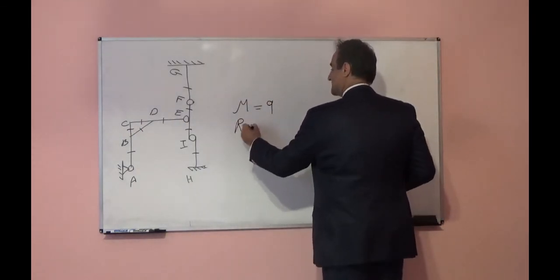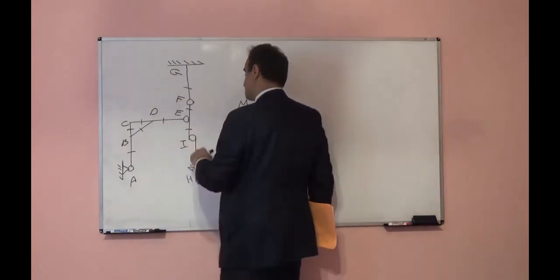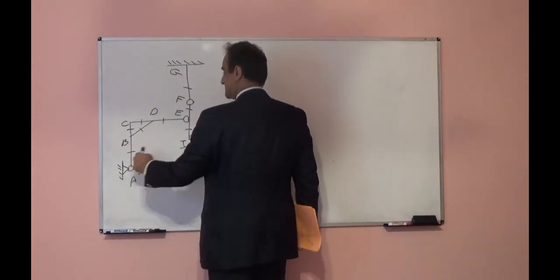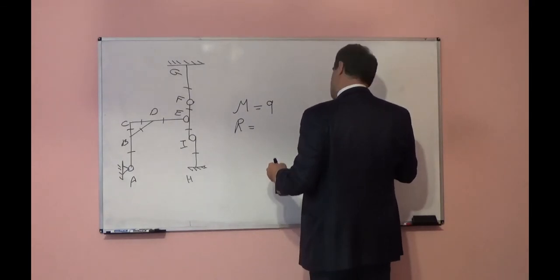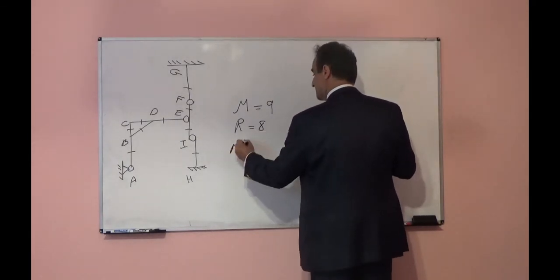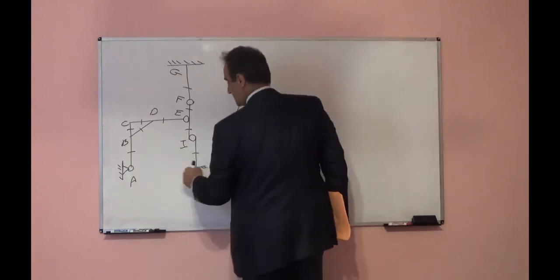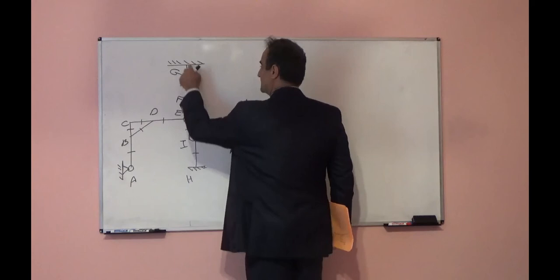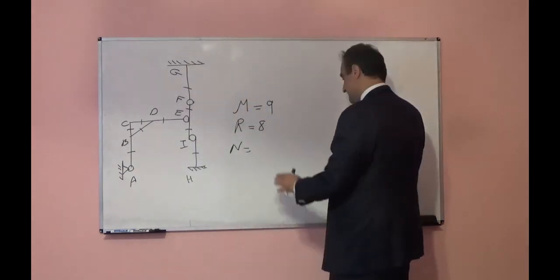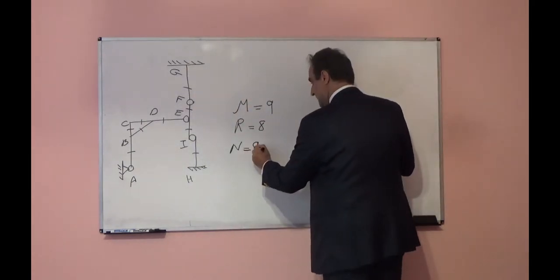Number of reactions: 3 here, 3 here, 6, 2 here. It will be 6 plus 2, 8. Number of nodes: 1, 2, 3, 4, 5, 6, 7, 8, 9. N is equal to 9.